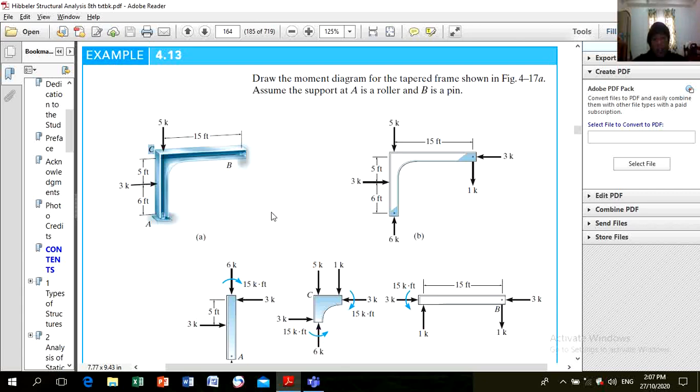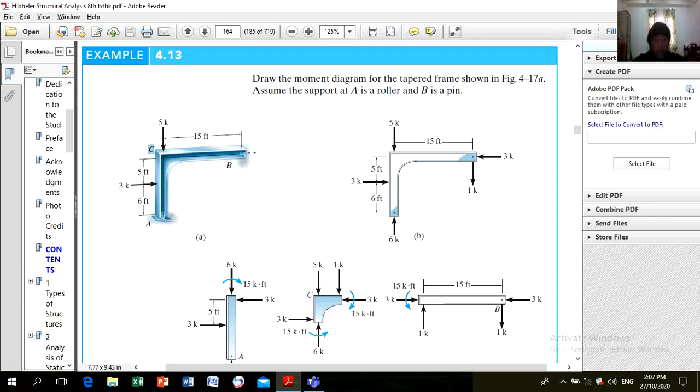Okay, so the first thing we need to identify here is the support reactions. A is a roller, B is a pin. Meaning, since it is a pin at B, there are forces along X and Y. The reaction at A is a roller, so this is only upward.